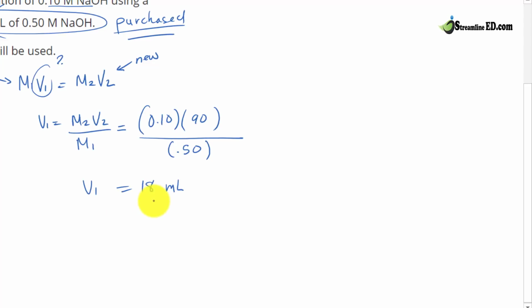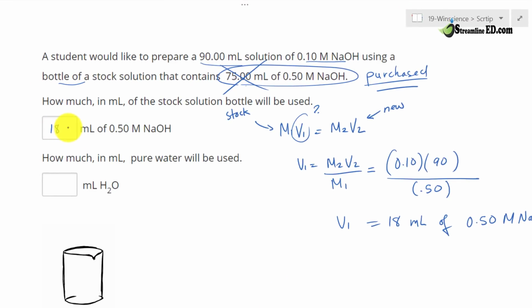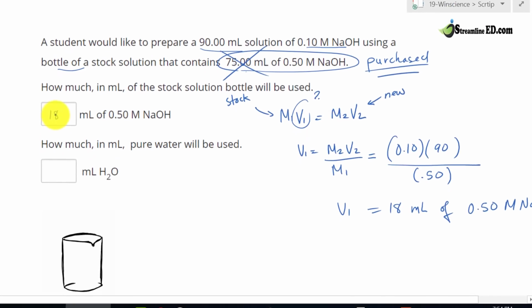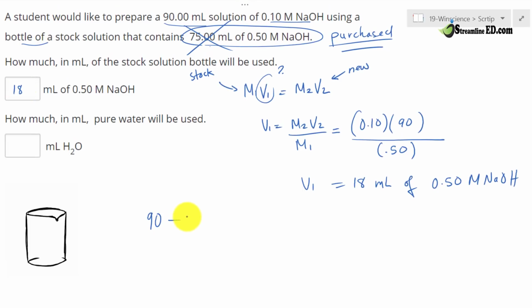So now we know that our V1 is 18 milliliters. And this 18 milliliters is from the stock solution, 0.50 molarity NaOH. We don't use 75, we only use 18. But our final volume is 90, and 18 is coming from the stock solution.